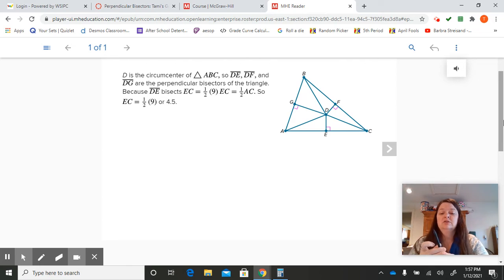Get my handy pen here so I can label things. So DE, DF, and DG are the perpendicular bisectors of the triangle.